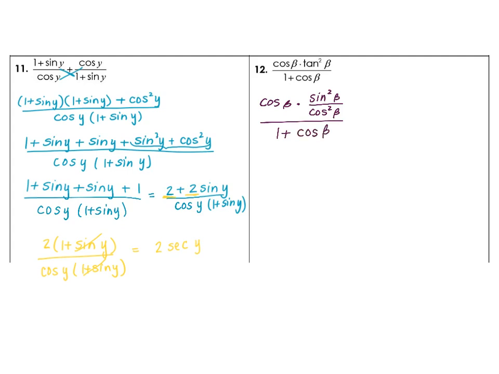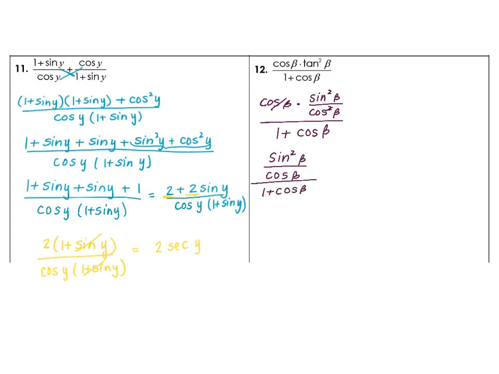And so we see in the numerator that one of those cosines will cancel. So we have sine beta, sine squared beta, over cosine beta, and then all of that's over 1 plus cosine beta.